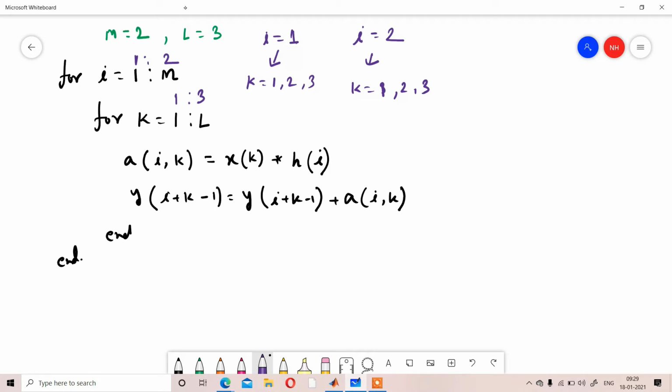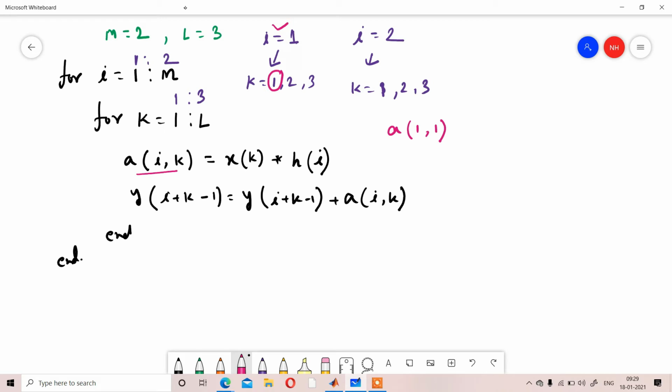Okay. So for the first case, whenever I equal to 1, first consider k equal to 1. For I equal to 1, k equal to 1, you are getting a I k, means a 1 1.